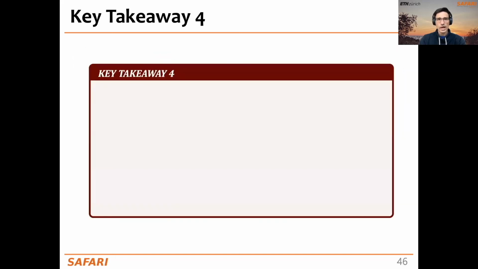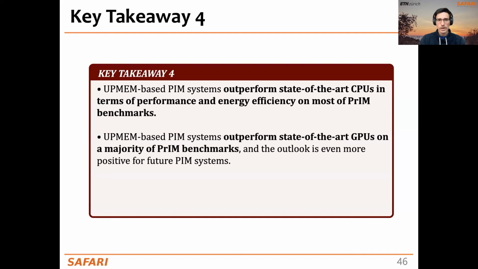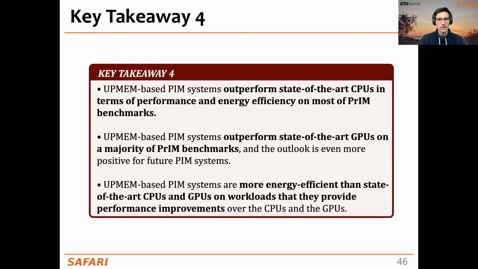And finally, our last key takeaway: the UPMEM-based PIM system outperforms state-of-the-art CPUs in terms of performance and energy efficiency on most of the PrIM benchmarks. They outperform state-of-the-art GPUs on a majority of PrIM benchmarks, and we think that the outlook is even more positive for future PIM systems, keeping in mind that this UPMEM-based PIM architecture is only 3 years old, while GPUs and CPUs have been optimized in terms of software, hardware, and architecture over decades.